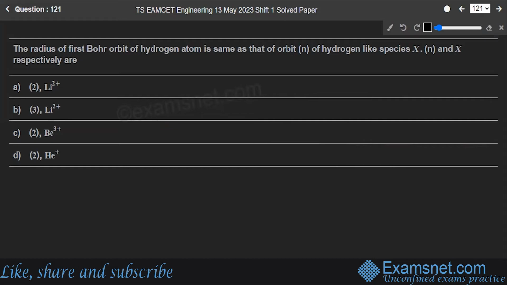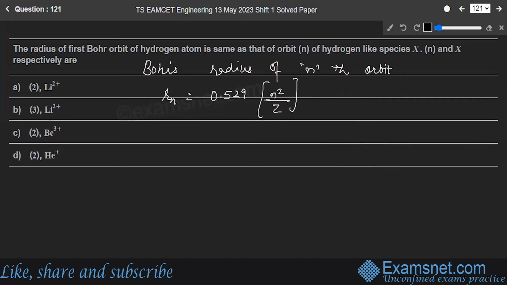So Bohr's radius of nth orbit is given by Rn is 0.529 n square upon Z angstrom, where n is your energy level and Z is atomic number.